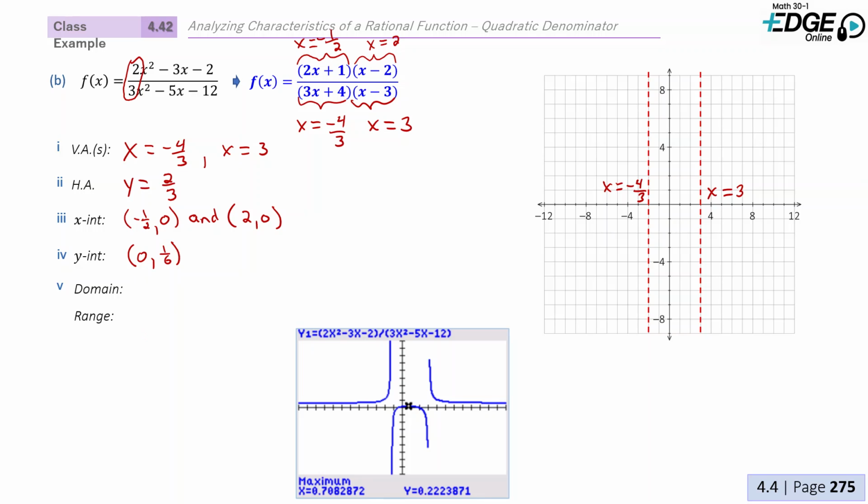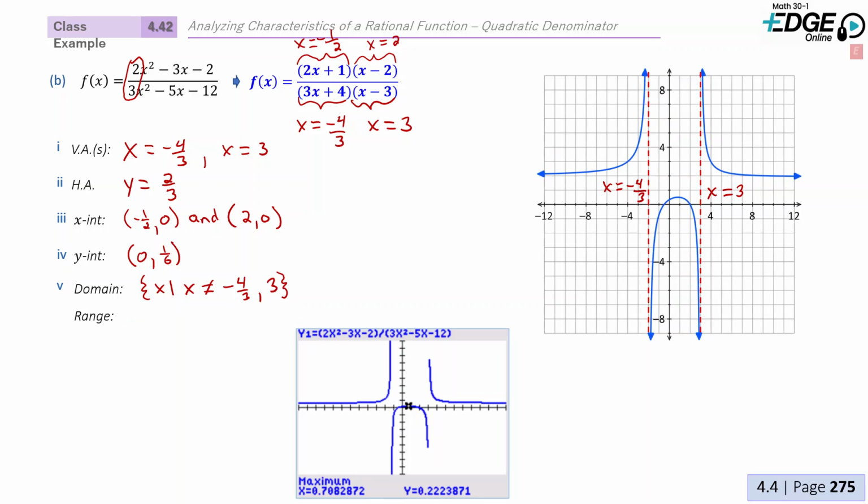So the domain would be excluding our vertical asymptotes. So that's going to be x such that x cannot equal -4 over 3 or 3. Now, maybe this would be a little easier to figure out our range after we sketch it.